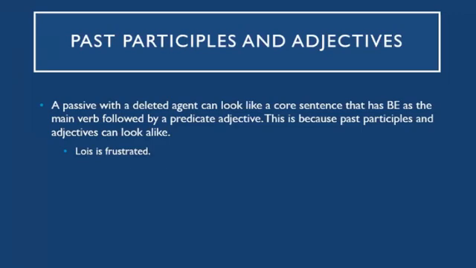In the first one, be is the main verb and frustrated is the predicate adjective. In the second one, is frustrated makes the main verb phrase, and it's an intransitive verb. All right?